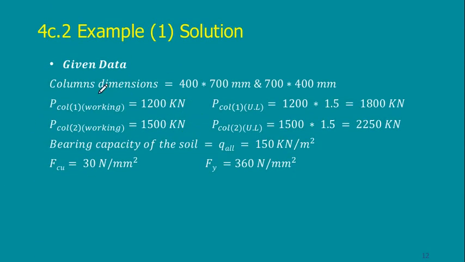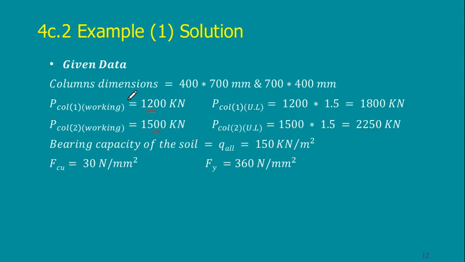What are the givens? The givens are, this is the load of the first column, the load of the second column, but this load is working load. If you remember from previous designs, we said that we need the ultimate load and the working load. Why do we need both?